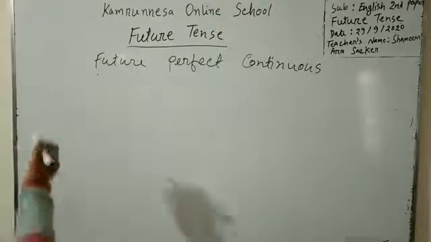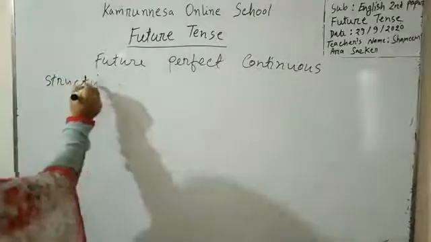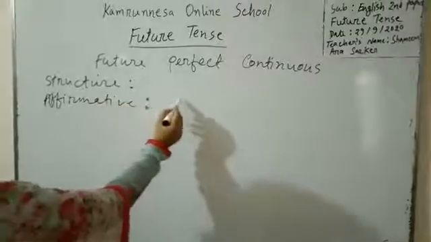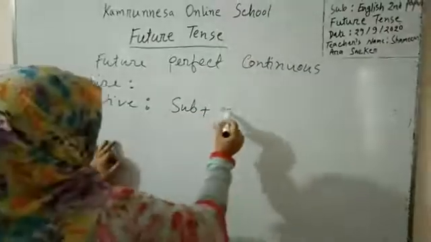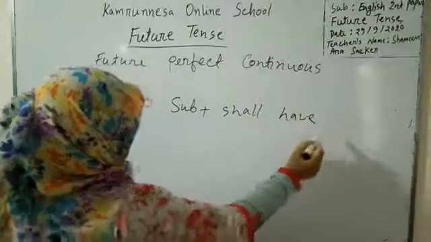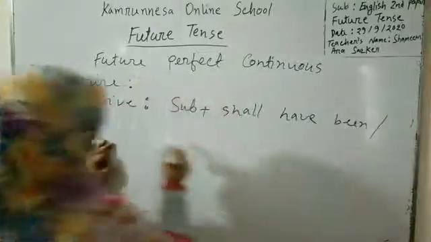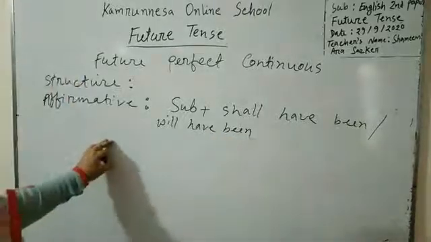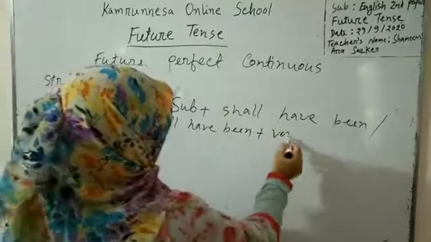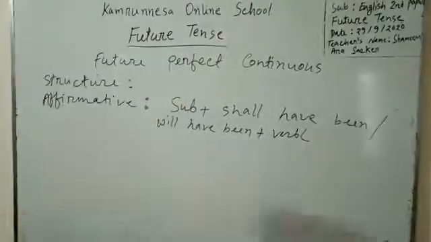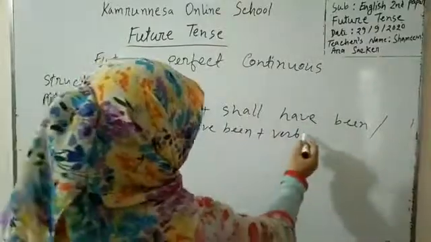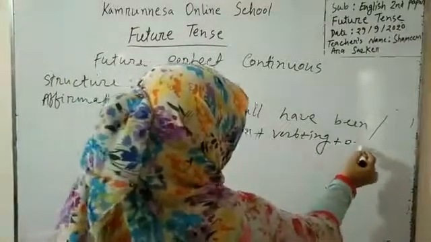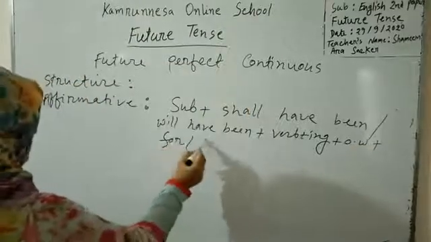Let us see the structure and examples. Here, subject plus shall have been or will have been plus principal verb in verb plus ing plus other verb plus for or since plus time.